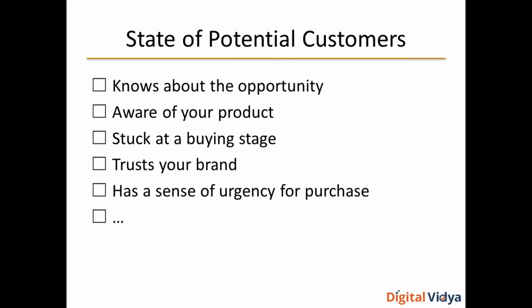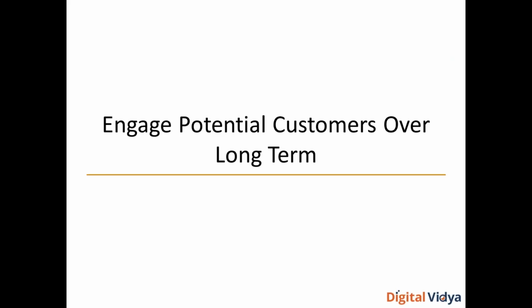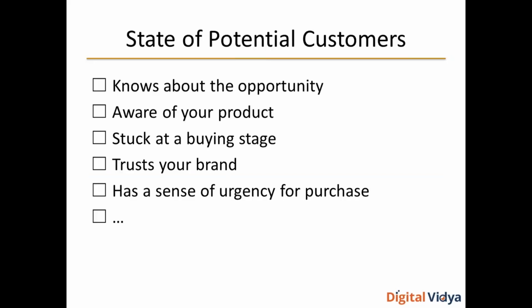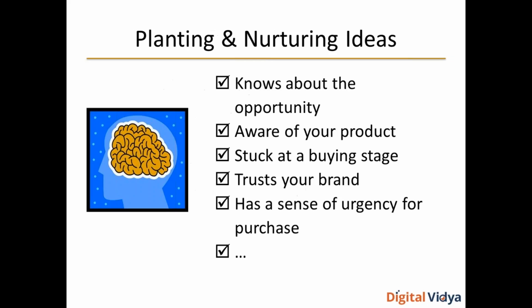These are different steps. So how can you engage the customer? To engage the customer, you should show him the relevant content. How will you know what content to show? For that, you should know which stage or which state of the buying cycle your customer is stuck in, right?